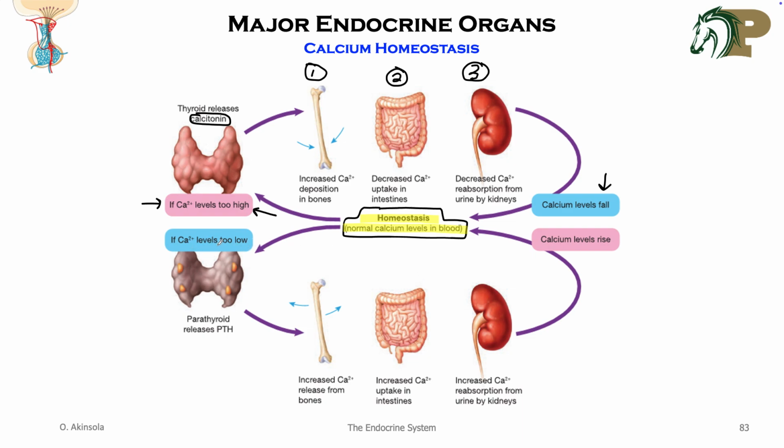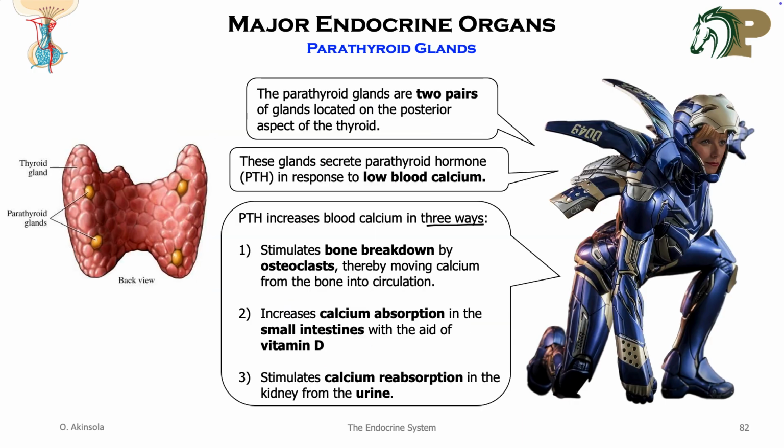If calcium levels get too low, down here, now we have the release of PTH from the parathyroid glands. That will cause increased calcium release from bones. So this number 1 over here is this number 1 right here. Okay? Stimulate bone breakdown by osteoclasts, move calcium from the bone into circulation.